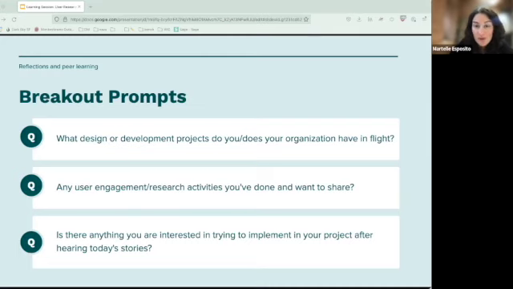Maybe there are other activities that you've done that we haven't talked about today that would be useful to share within your group, or maybe you've done some of the ones we've talked about today. And then finally, is there anything you're interested in trying to implement after hearing some of today's stories, or any other questions in general related to getting started or implementing some of these methods within the context of your project? So I'm going to go ahead and open up all of the rooms.